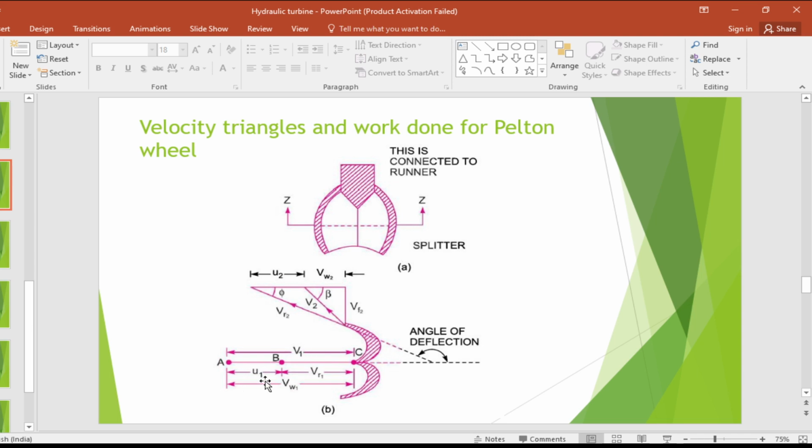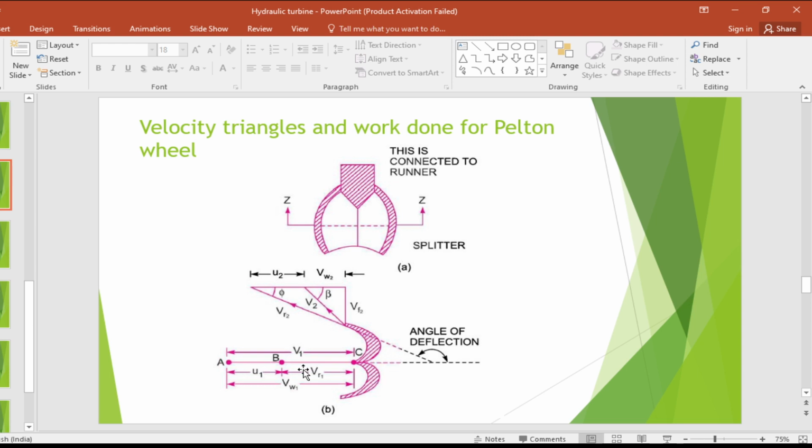Here you can see that there are two velocity triangles drawn in this figure, and the procedure for drawing the velocity triangles is the same as I explained in the module on impact of jet on the curved vane which is moving.